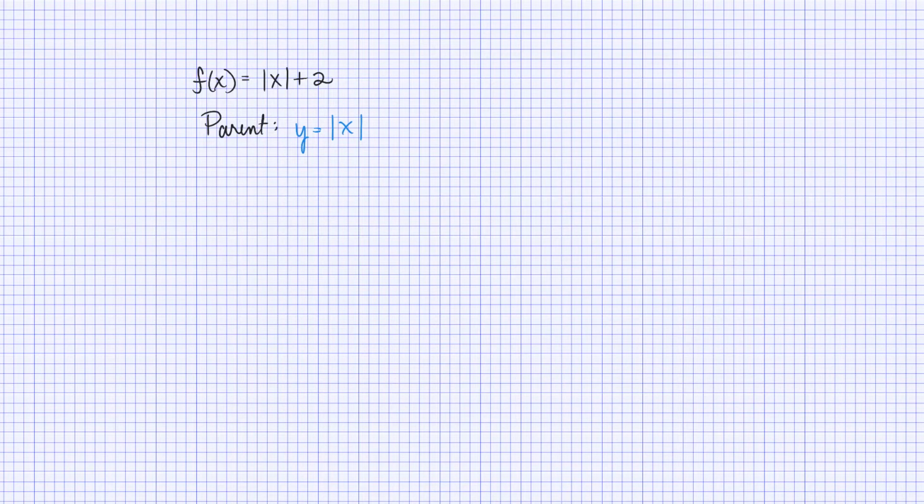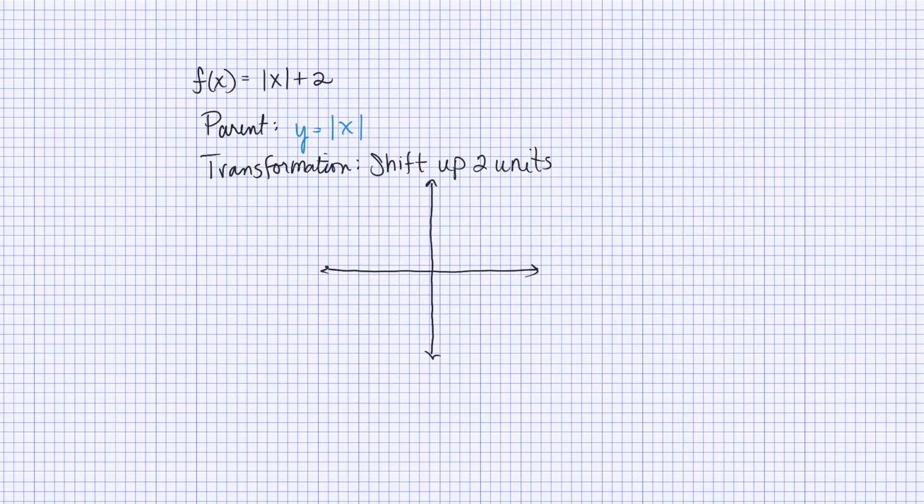And the transformation that is going to take place on that parent function is going to be a shift up 2 units. So now I'm going to go ahead and sketch in my x and y axes.